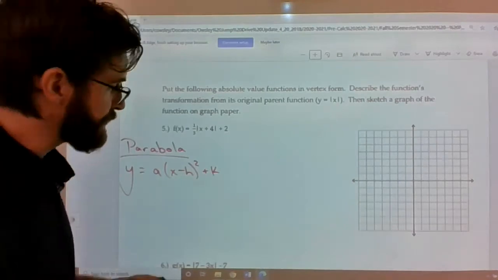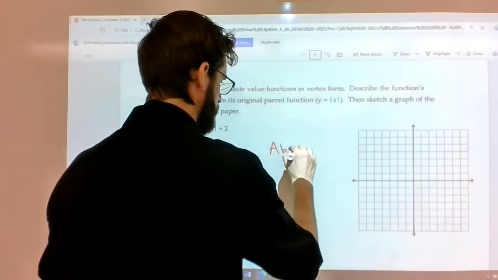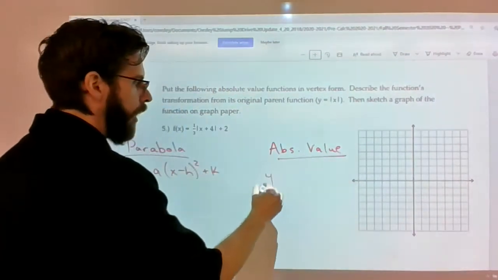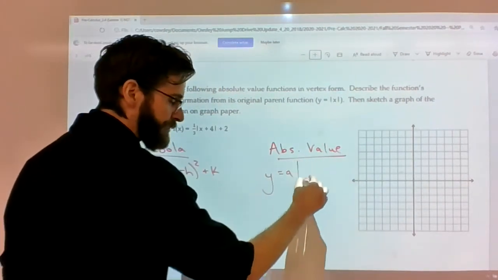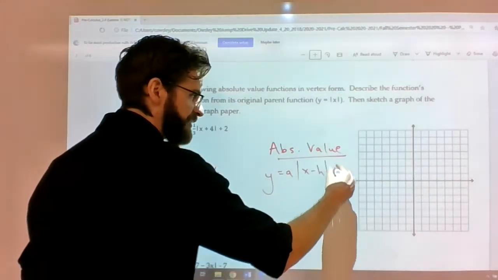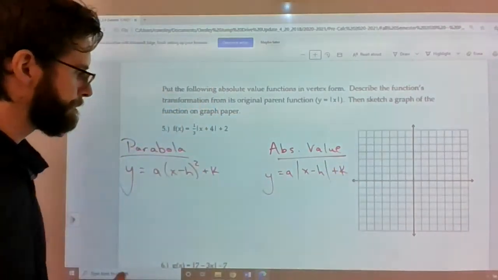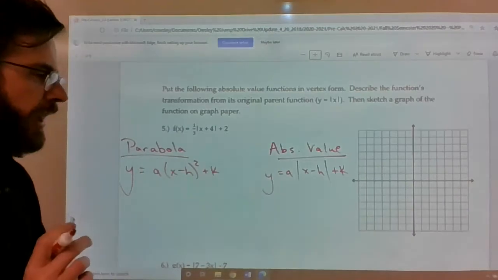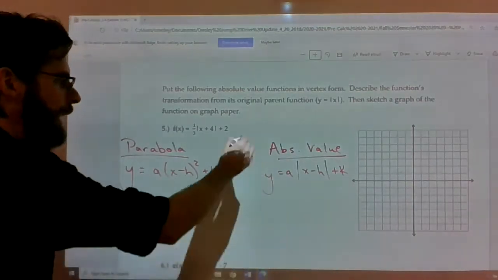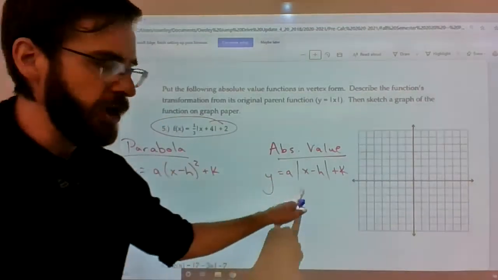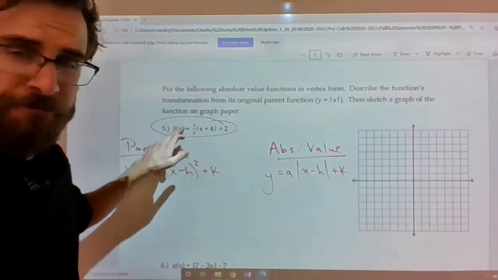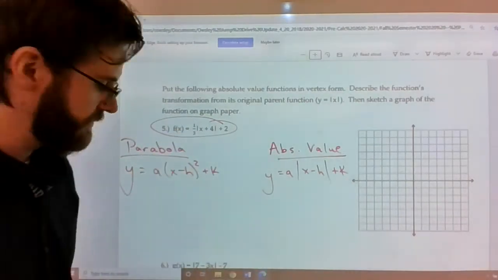Absolute value vertex form: y equals a times the absolute value of x minus h, plus k. Pretty similar, right? So we're trying to make all of our absolute value functions look like that. Fortunately for us, on the very first one, it already does.